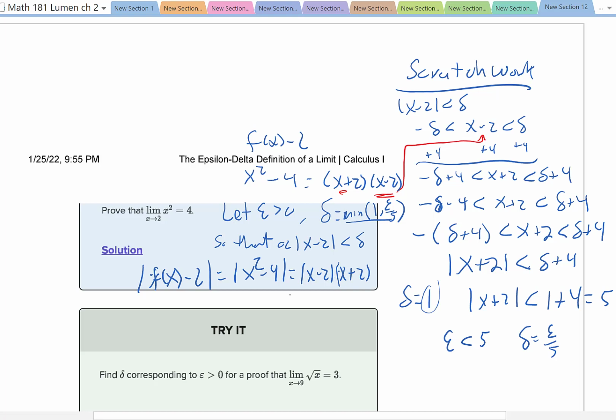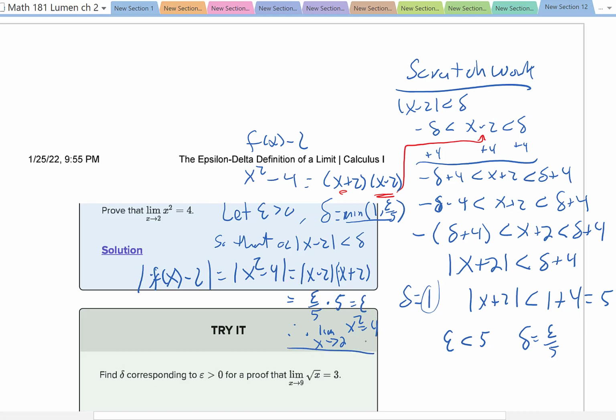Now our x minus 2 is seen as delta, and for that I'm going to call it the epsilon over 5, and for the x plus 2 I'm going to call it the 5 that we had earlier. So we end up with an epsilon. And then we could draw our conclusion, therefore, limit as x approaches 2 of x squared equals 4.